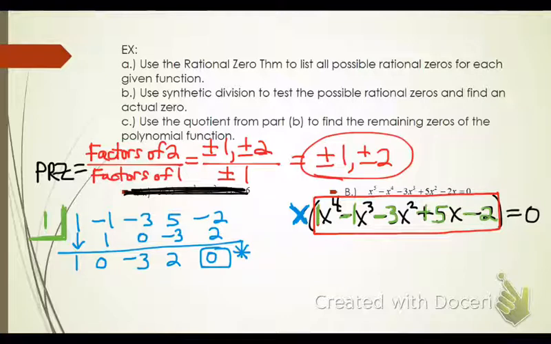Remembering the whole time that if we do this right, we must get 0 for a remainder. Now what that did for us is it took our x to the 4th function down to an x cubed. Remember, you want this to go down to a quadratic function so that you can factor or use the quadratic formula. So what we're going to have to do next is take the x cubed function, don't go back to the x 4th function, so take this answer here and these coefficients and do synthetic division again using a different 0.